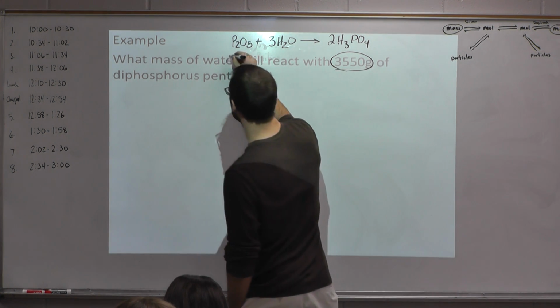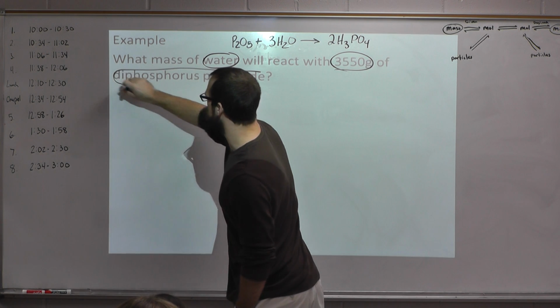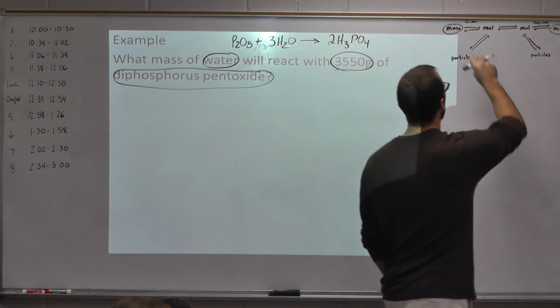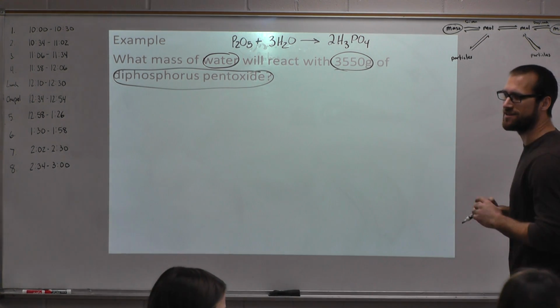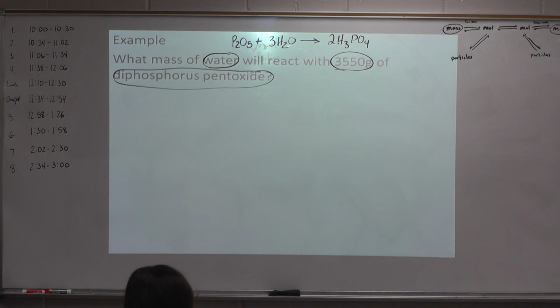Okay, so now it's mass to mass, and it's different substances, so we're going to have to cross the bridge. Here's why these are almost the easiest: every mass to mass problem has bookend molar masses with a mole ratio in the middle.